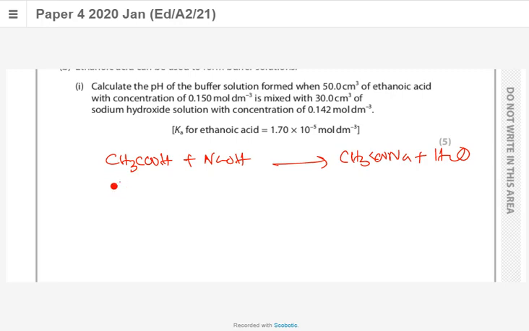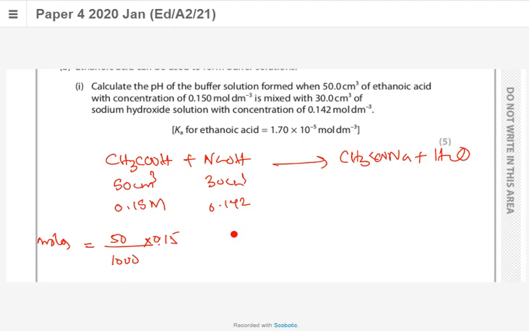Ethanoic acid is 50 cm³, 0.15 M, and 30 cm³ of sodium hydroxide, 0.142. Let's find the moles first of both. Can those who have done the calculation please get me the answer so I can do it faster?